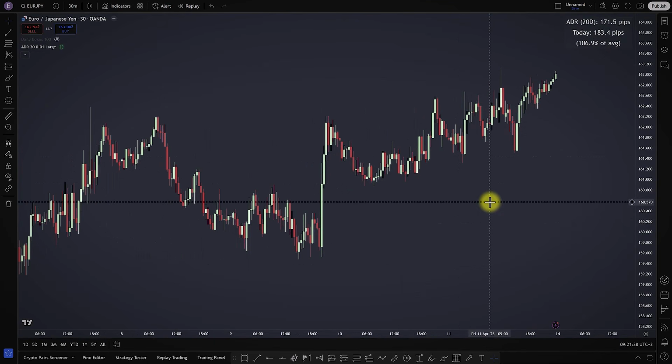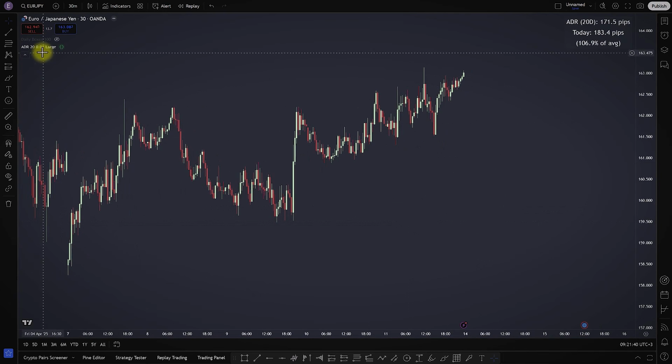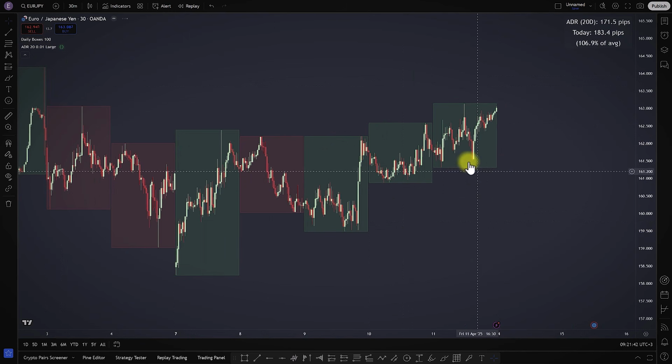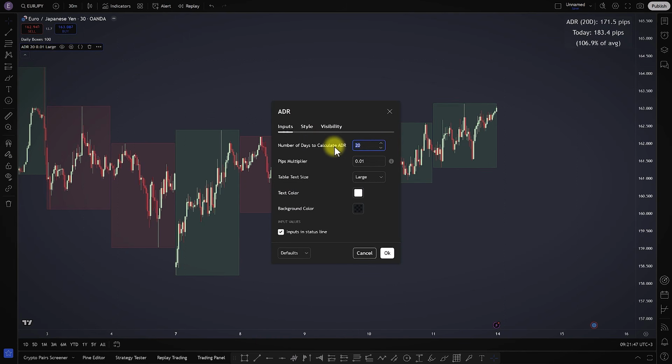I wanted the indicator to have a user input for how many days to include in the calculation, usually 20 days. It also asks for a pips multiplier, which helps adjust the decimal places for different markets. It also calculates what percentage of the average range today's move represents.